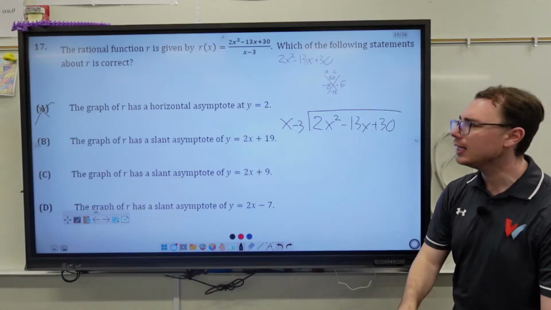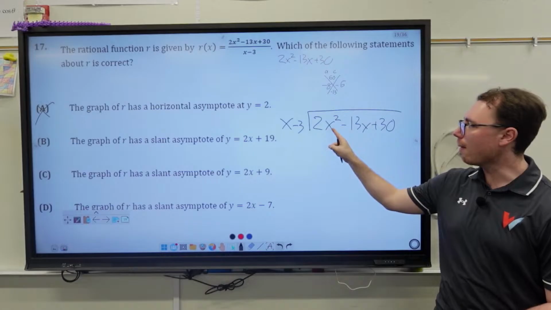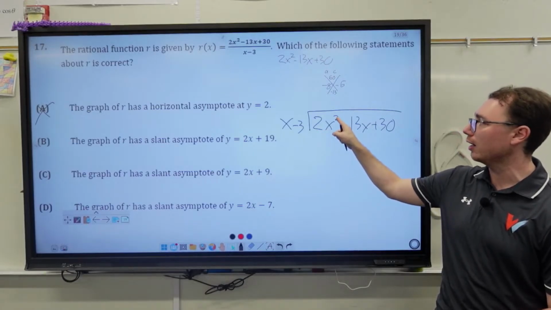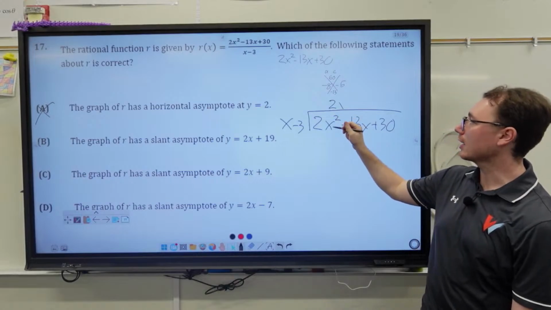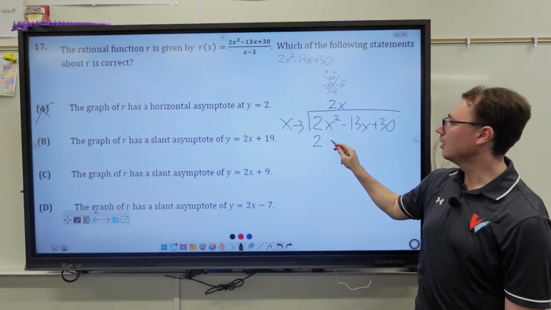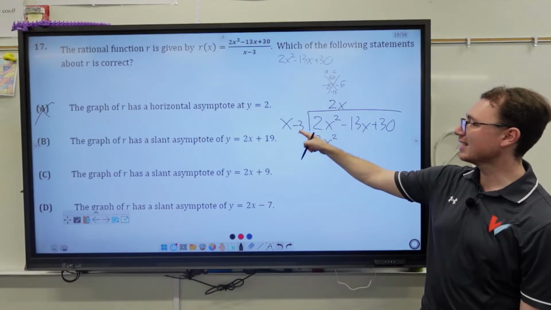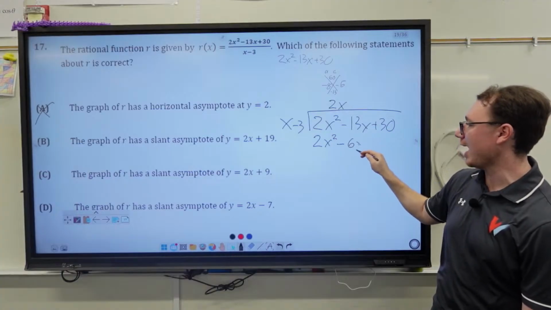What do I need to multiply to this x so it matches this 2x squared? Well, the only thing I need to multiply is 2x. So 2x times x gives me 2x squared. 2x times negative 3 gives me negative 6x.